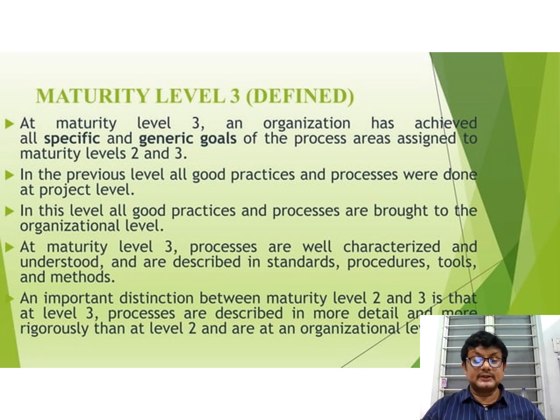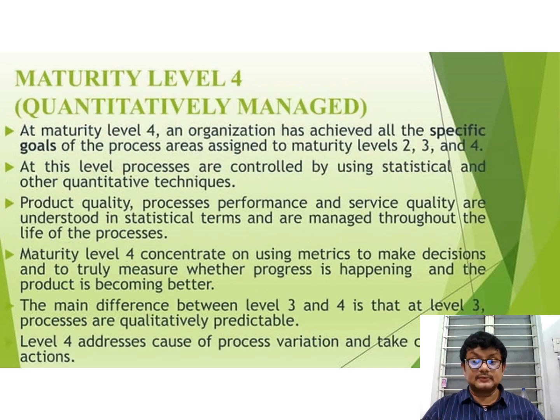At maturity level 3, processes are well characterized and understood and are described in standards, procedures, tools and methods. An important distinction between maturity level 2 and 3 is that at level 3, processes are described in more detail and more rigorously than at level 2 and are at an organizational level.